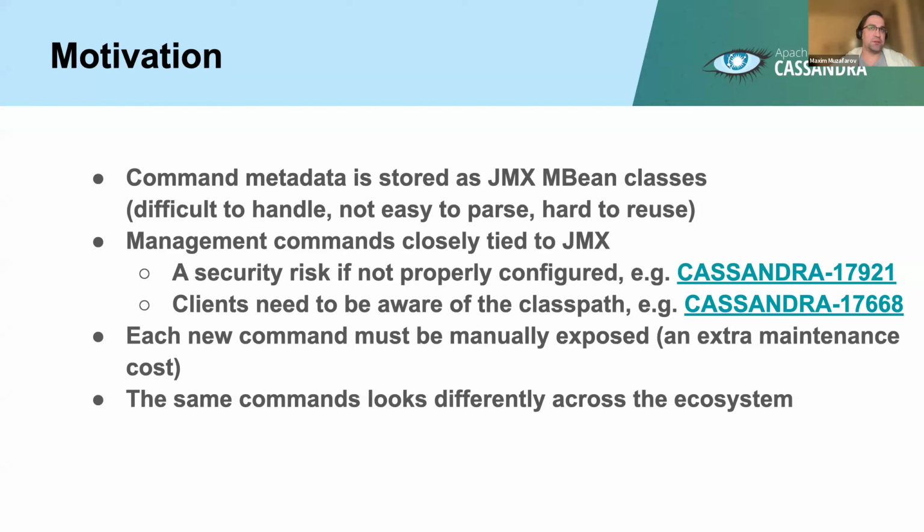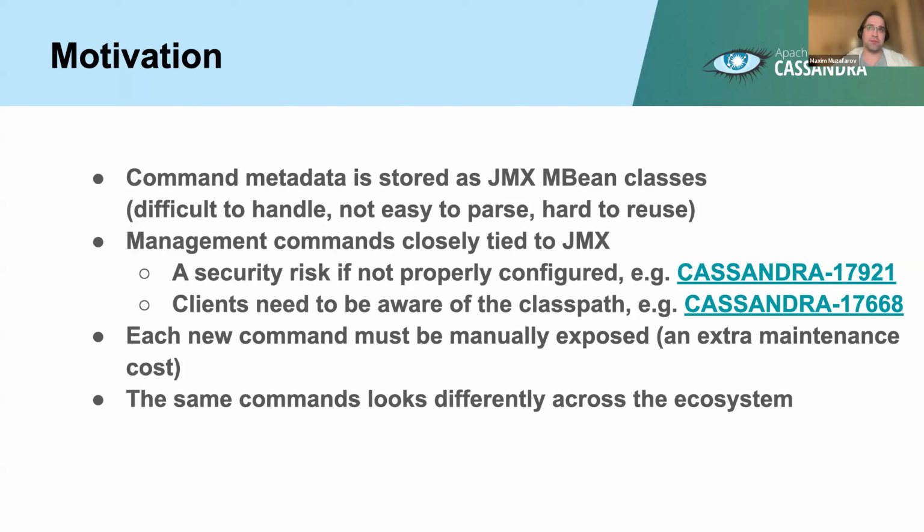So it's a bit difficult to handle. I think it's not easy to parse these JMX classes if we want to build something at runtime, and it's hard to reuse for other Cassandra projects. For example, Cassandra has a lot of projects that use these JMX MBeans, and there is no other alternative for that.